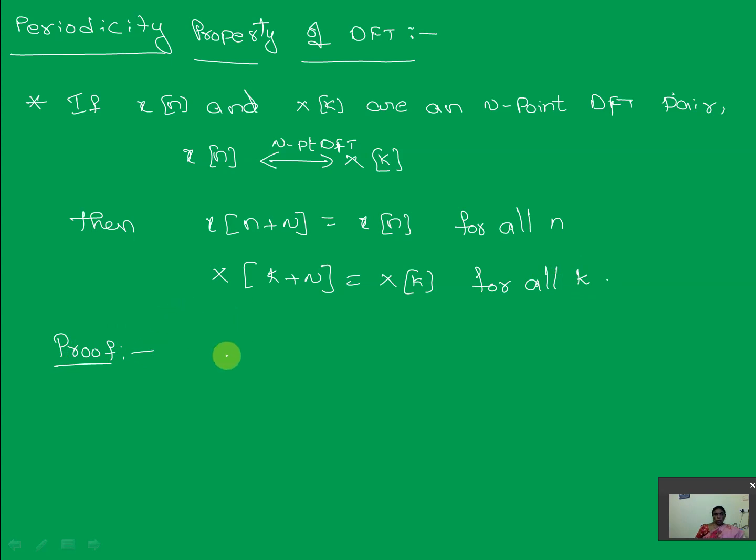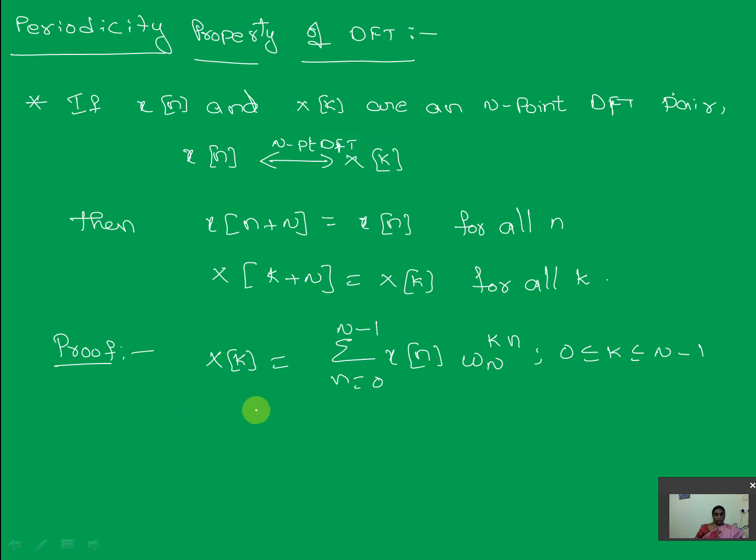From the definition of DFT, X of k is the summation n equals 0 to N minus 1, x of n W_N power kn. To prove this, X of k plus N should be equal to X of k.